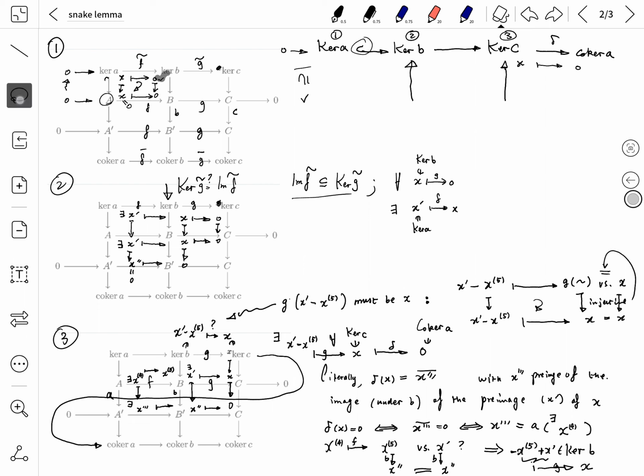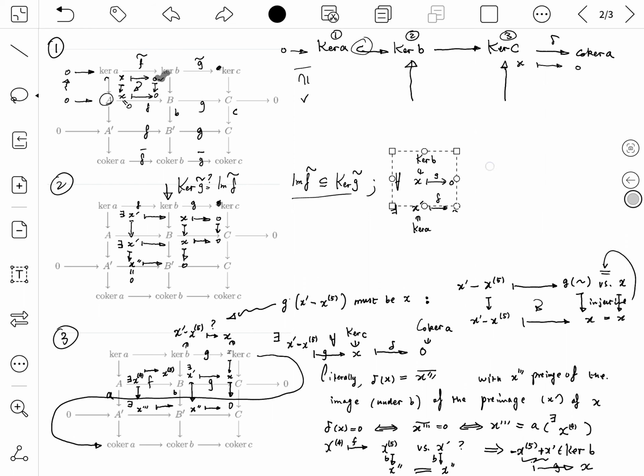Put it more correctly, what we really want is: start with an element in kernel B. Can we find an element x prime in kernel A such that x prime is mapped to x? So we still have to look at diagrams.